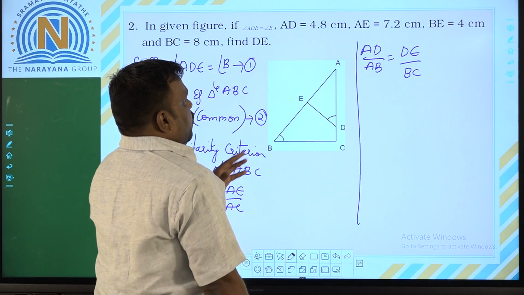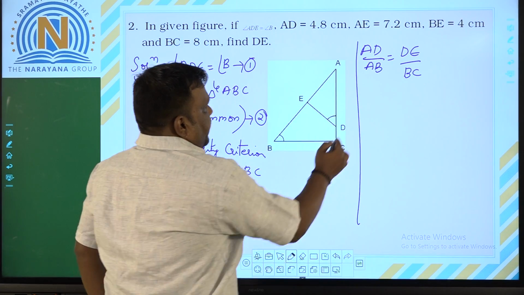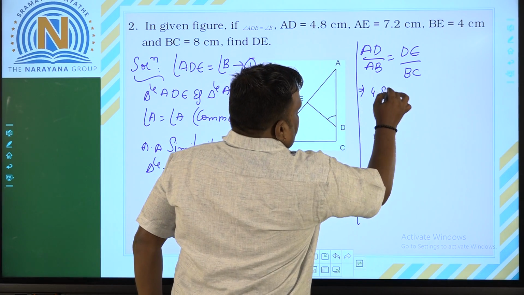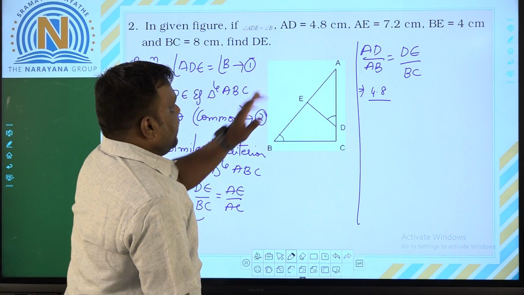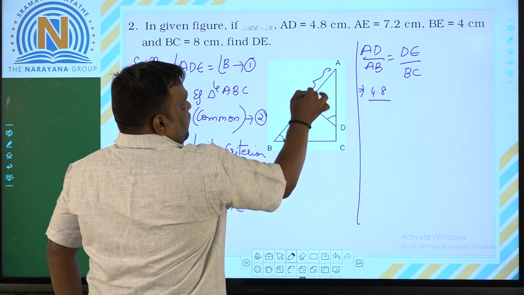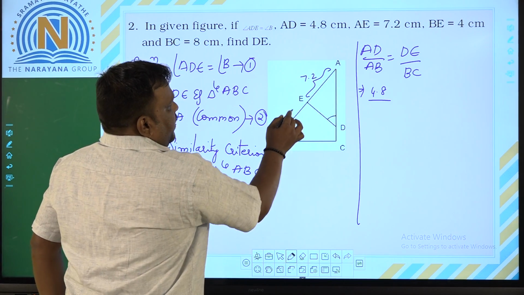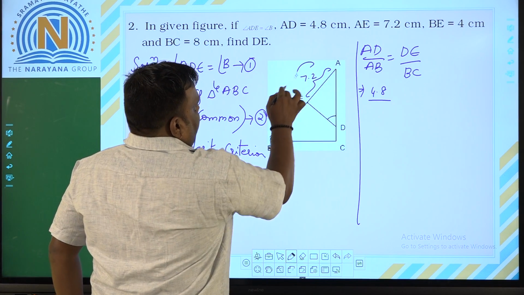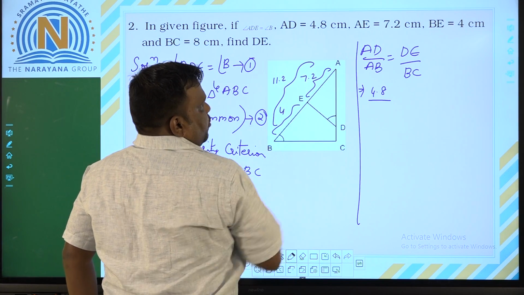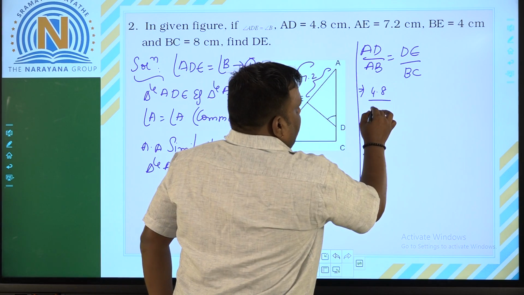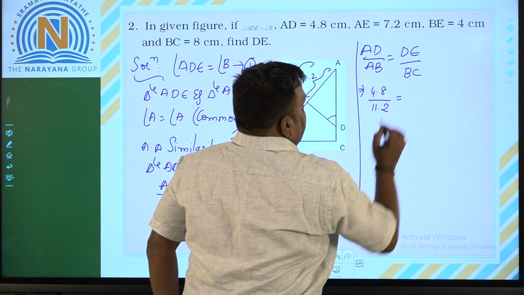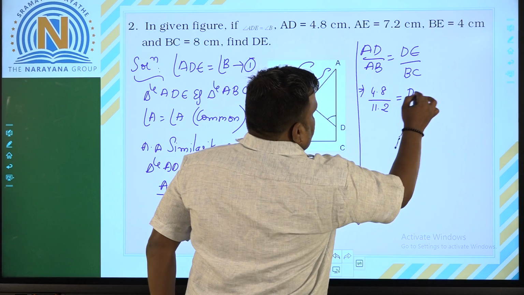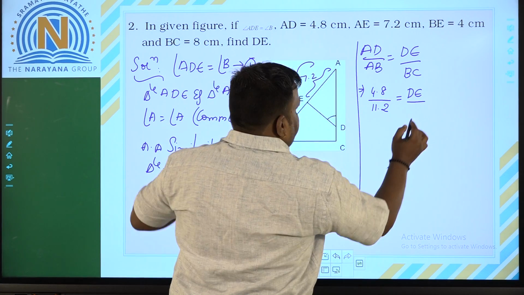Now substitute the values you have. AD is 4.8, so 4.8 by AB. For getting AB, AE is given as 7.2 and BE is given as 4. When you add these, it will be 11.2. So AB is 11.2, equal to DE, the value which you don't know, by BC, which is 8.